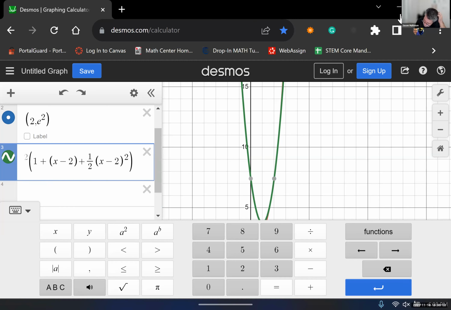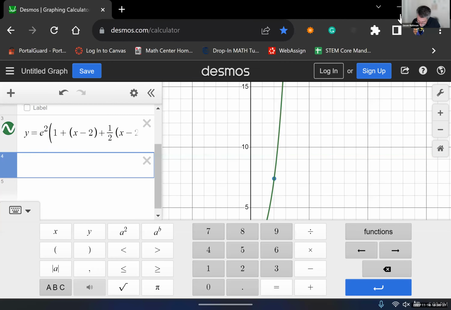Okay, and so let's add plus 1/6, that's 1 over 3 factorial, times x minus 2 raised to the third power. Oh, okay, so let's try that one. Now we have a cubic that's approximating this.